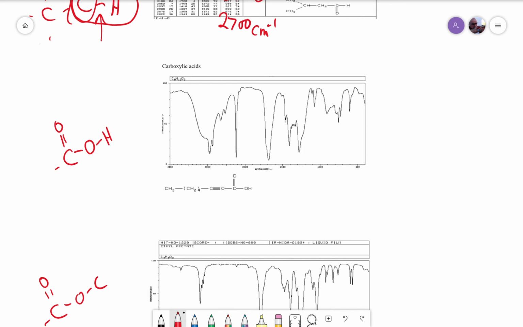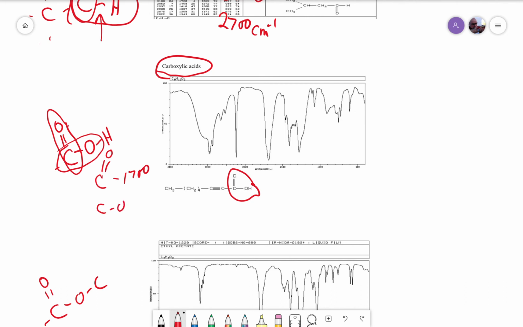Other oxygen-containing compounds and carbonyls are combinations of both the C double bond O and the C single bond O. Of course, we recognize this as a carboxylic acid, but really that's just the combination of this at 1700 and that and that. So we have the C double bond O, we have the C single bond O, and we have the OH.